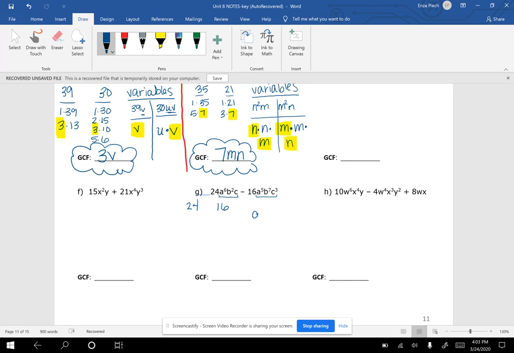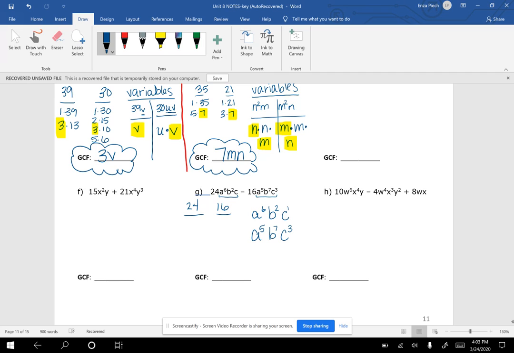So we have a to the 6th, b squared, and c, which is actually here, to the 1st. Then down here we have a to the 5th, b to the 7th, and c cubed.